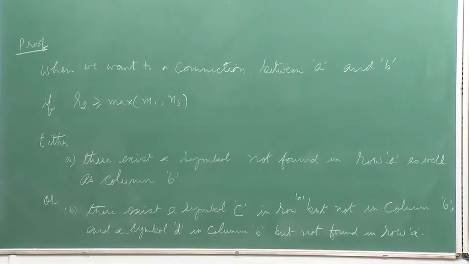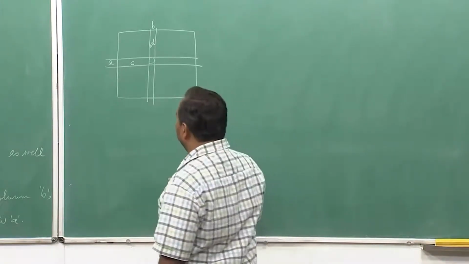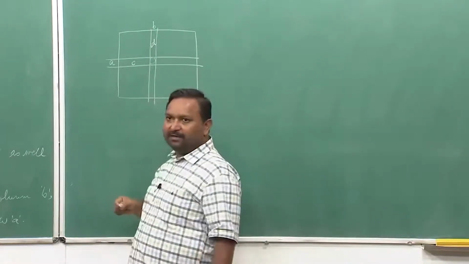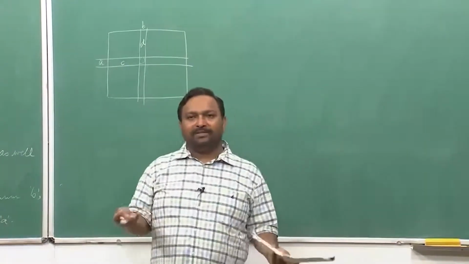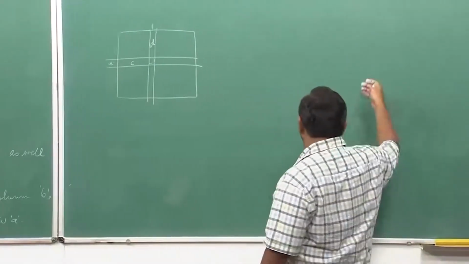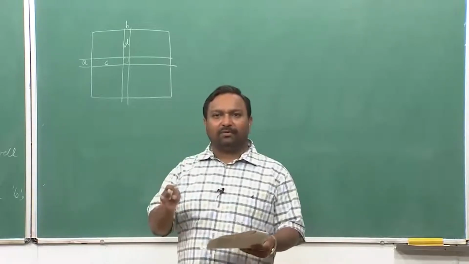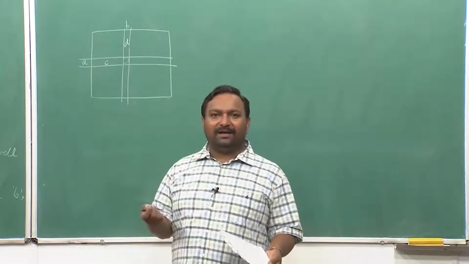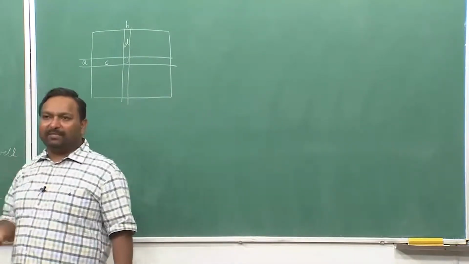If condition A is not true, it means if I look at all the symbols in A, all the symbols in B, and I create a union of these sets, all symbols have been consumed. All R2 symbols, the middle stage switches of the closed network, have been consumed, they have been put in row and column both. That is why you are not able to find one element which is not there in row A as well as in column B.